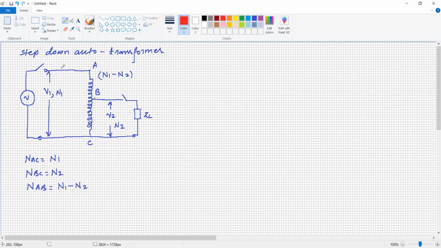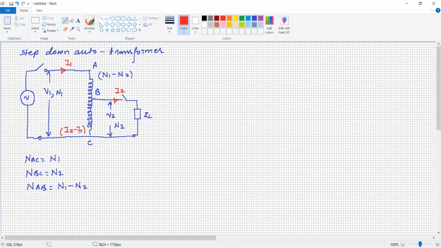Now represent the current. The current in the primary winding is I1, and the current delivered to the load is I2. Under such conditions, the current in this part is the difference of I1 and I2. If you apply KCL, Kirchhoff's current law, at point B, this current is equal to I2 minus I1.